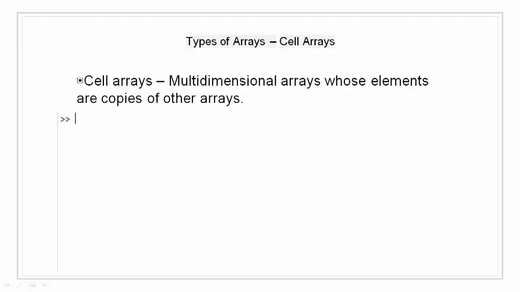Second point to note is that a cell array contains copies of other arrays, not pointers to those arrays. I will repeat. The cell array contains copies of other arrays, not pointers to those arrays. So if we make changes in my matrix, nothing will happen to C. That is our variable.